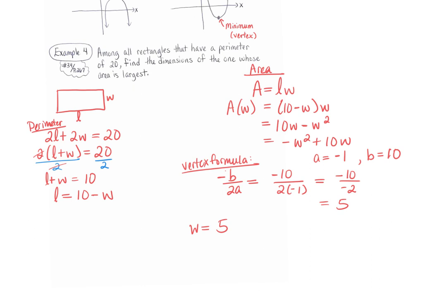Our goal is to find the dimensions of the one whose area is the largest. We found our width. Our width is 5. Now what do we need to find? The length. How do we find the length? Plug it in for W here. Very good. So to find L, we get 10 minus 5. 10 minus 5 is 5.